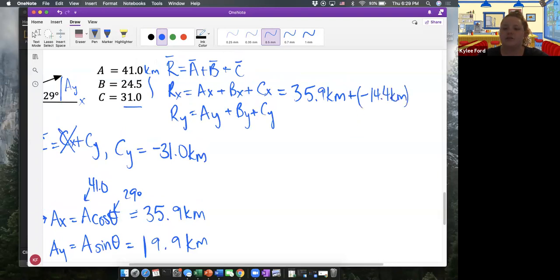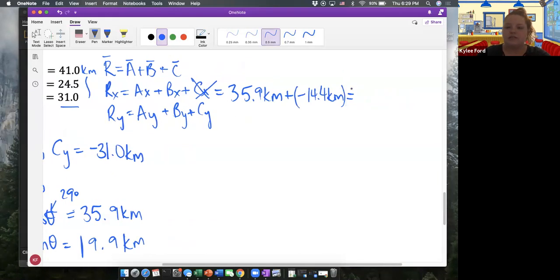Okay, I like to do it this way where it's adding a negative. Makes sense to me. Okay, and cx, there is no cx, that's 0, so we don't have to worry about that. Okay, so we add these two numbers, or subtract in this case, 35.9 minus 14.4, and we get 21.5 kilometers.